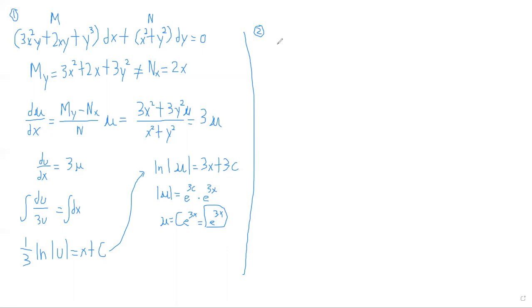So mu M is e to the power of 3x. Remember this equation, I'm just applying the integrating factor here: e to the power of 3x times 3x squared y plus 2xy plus y cubed dx, plus x squared plus y squared dy, is 0.